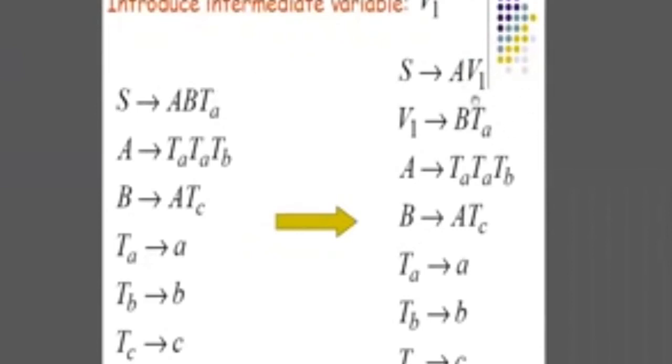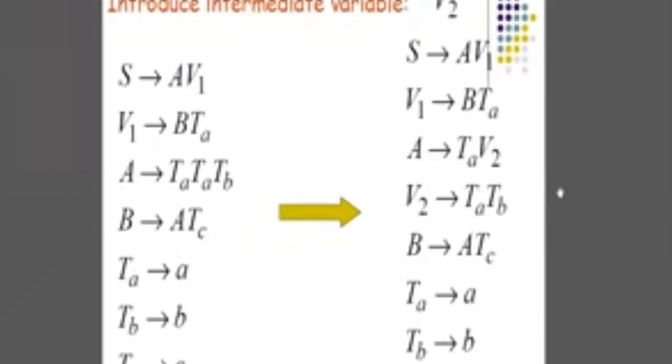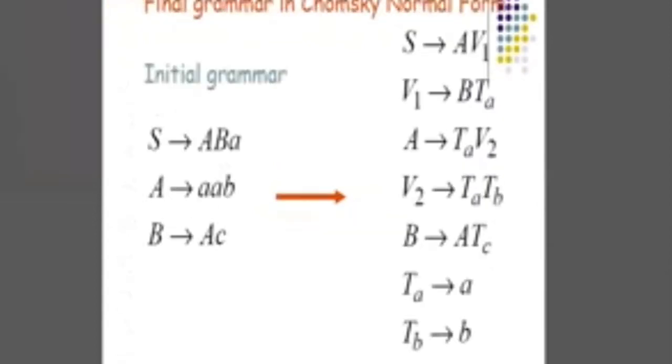So we have converted the given grammar to its equivalent Chomsky's normal form. And you can see one more thing here. The definition of A, that is the second production, is TA TB. So for this, we will make its equivalent transition by adding V2. Okay, so now the given grammar was this, which was not in Chomsky's normal form. Later, we converted it into Chomsky's normal form.